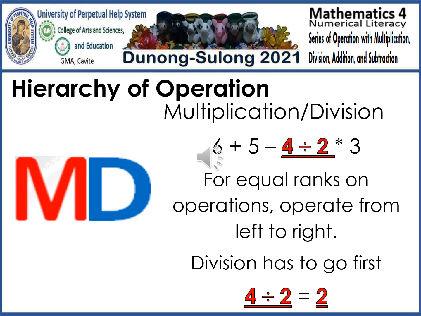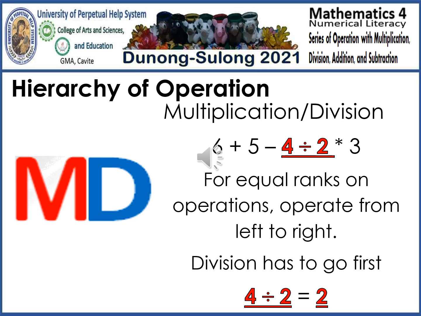The multiplication and division are divided by 2 and multiplied by 3. For equal ranks of operations, operate from left to right.